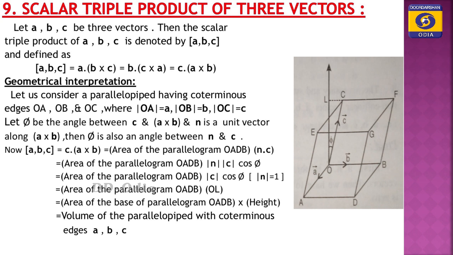So, C cos phi, because n vector is a unit normal vector, that is equal to 1. So, area of the base of the parallelogram OADB into height is nothing but the volume of the parallelepiped.